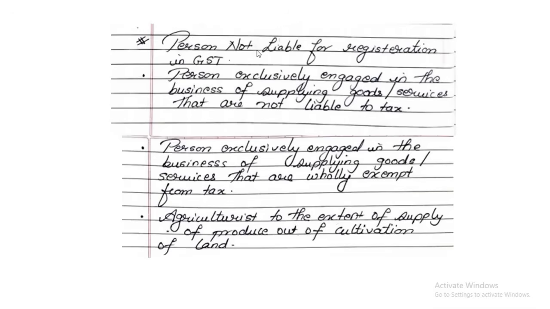Next, persons not liable for registration. Number one, a person exclusively engaged in the business of supplying goods and services that are not liable to tax. So on no-tax goods, GST registration is not compulsory. Number two, a person exclusively engaged in the business of supplying goods or services that are wholly exempt from tax. If you deal in exempted goods or exempted services, there is no need to register.